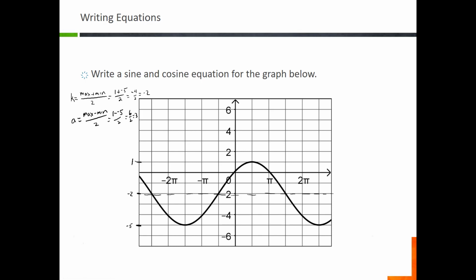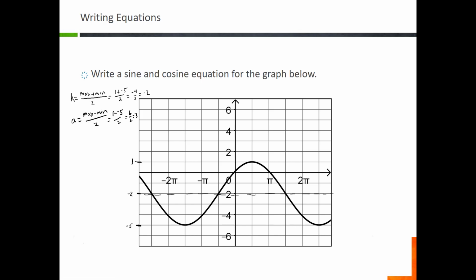So let's just check that. From the middle up to the top, how far is that? So from the middle, we go up 1, 2, 3 units. So from -2 to 1 is 3 units. From -2 down to -5 is also 3 units. So again, you can get it using the formula. You can get it using just looking at the graph.